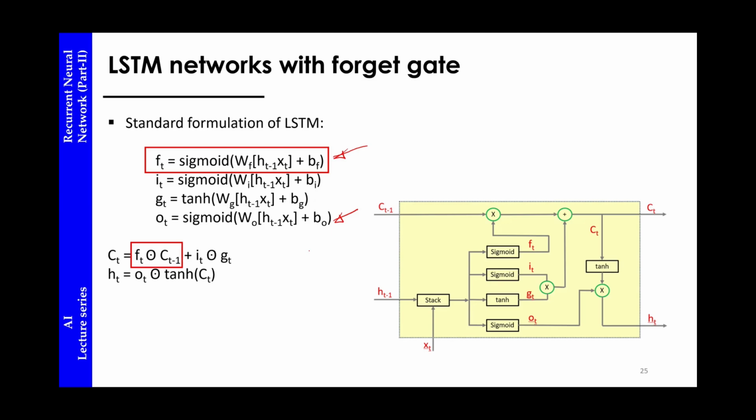The difference between the standard formulation of LSTM and the original one is that for the cell state, we have this multiplication, this dot product here between f_t and C_(t-1). This means that if we calculate the derivative of C_t with respect to C_(t-1), again we will have f_t.